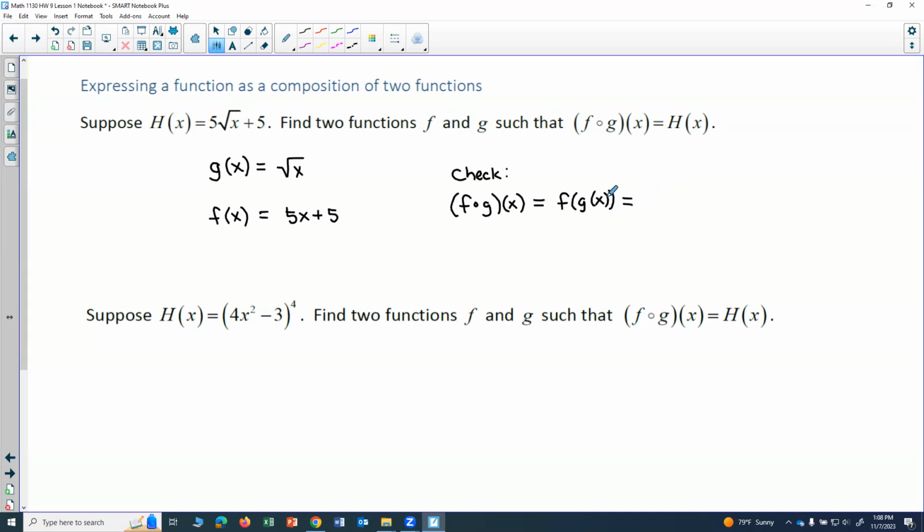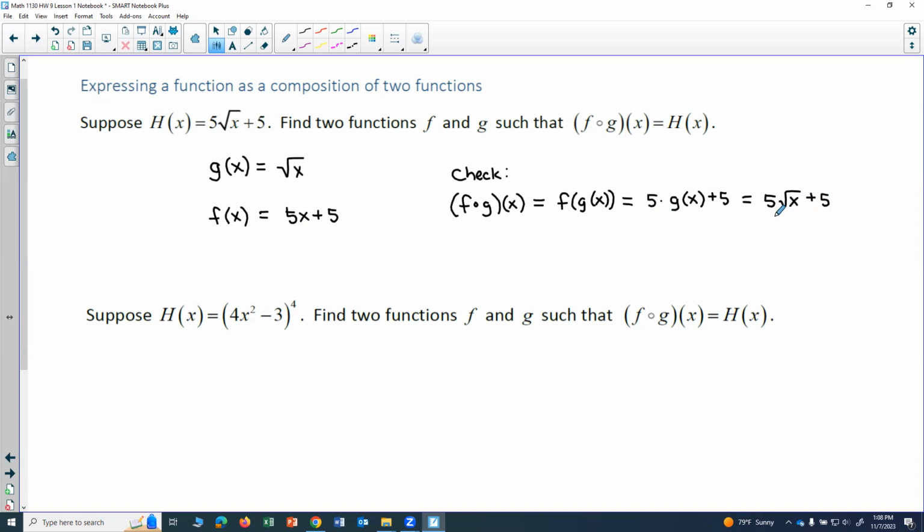And so that would mean plugging g of x into f for the variable. So instead of 5x plus 5, I'm going to write 5 times g of x plus 5. But g of x is square root of x. So this would become 5 square root of x plus 5.